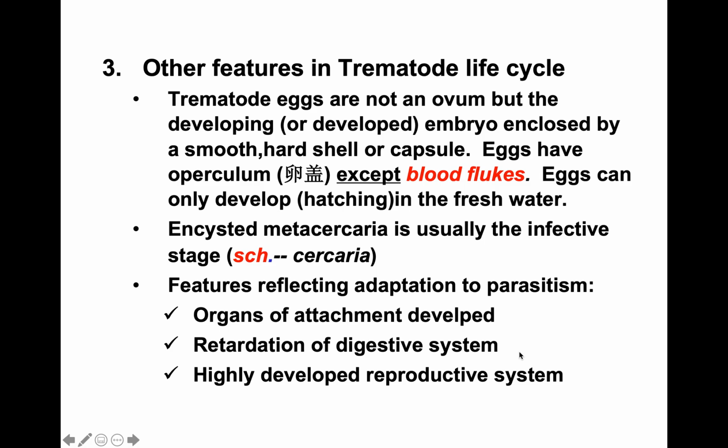So the digestive system is different from other phyla we have learned. And a highly developed reproductive system. So we can see the second point and third point are very common. And the first one is that in flukes, they all have suckers.